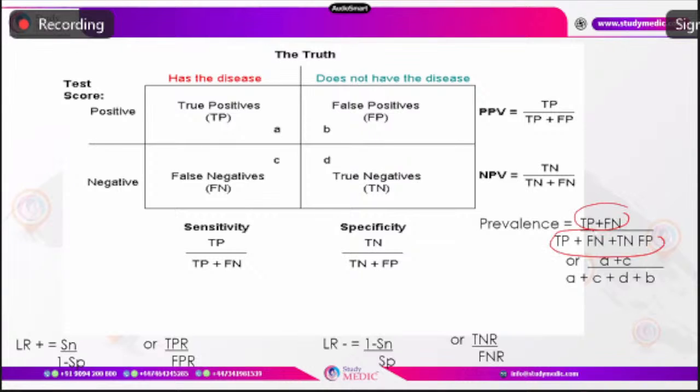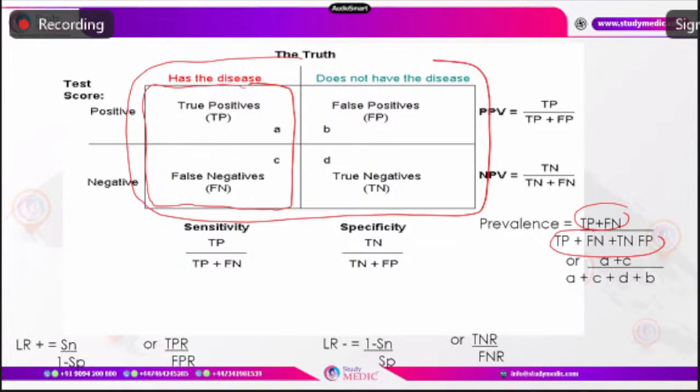That means those who have the disease with respect to all. So this is called prevalence.